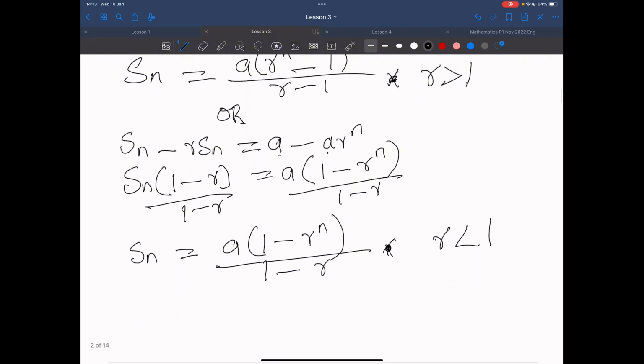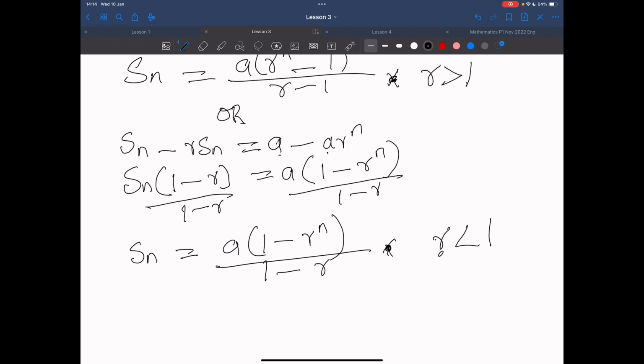Right, so remember, r will never be 1. If it's 1, we won't have a formula because we will have a division by 0. So if r is more than 1, we can use that one. If r is less than 1, we can use this one. So we need to decide which one we want to use given which condition.